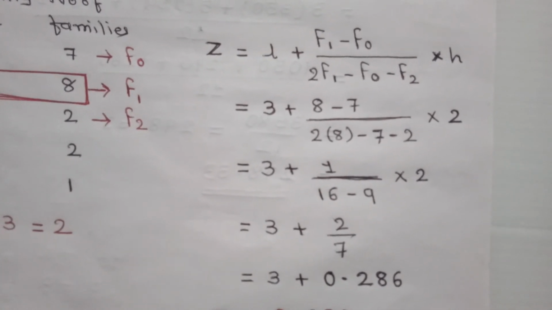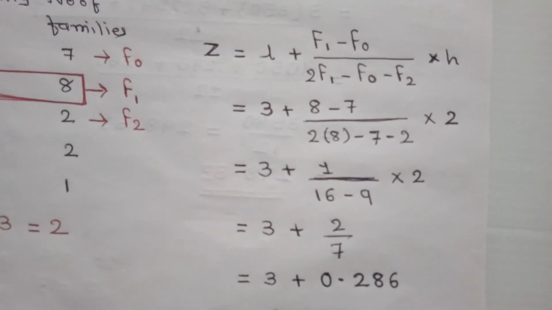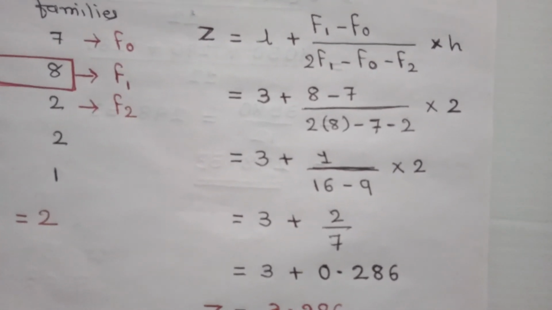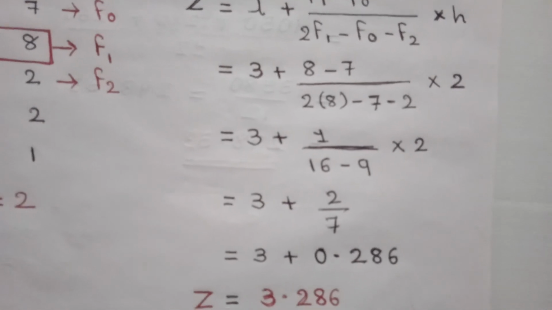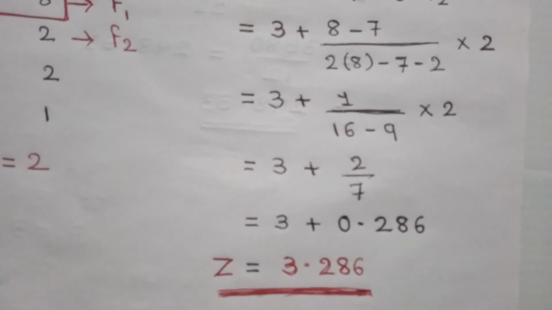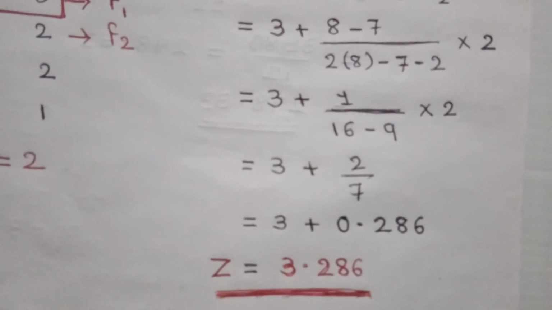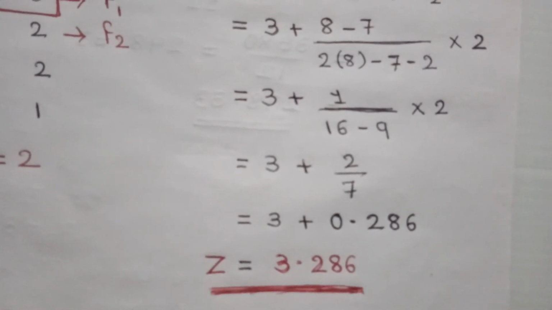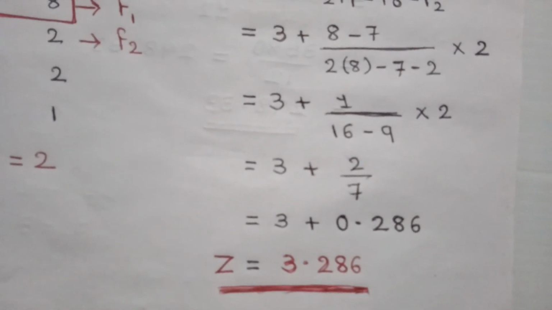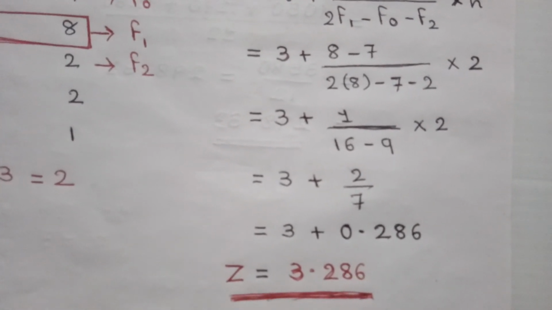So 16 minus 9 is 7. Numerator is to be multiplied with H, so 1 into 2 is 2. Now 2 divided by 7 is 0.286. Therefore 3 plus 0.286 is 3.286. So the mode of this data is 3.286.